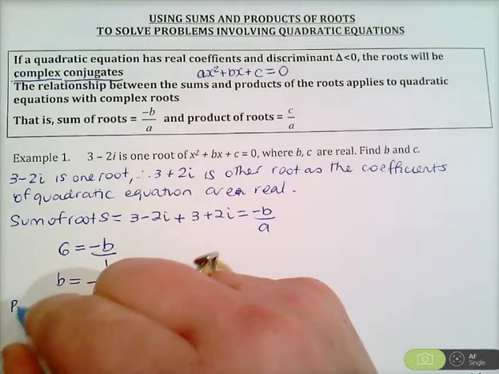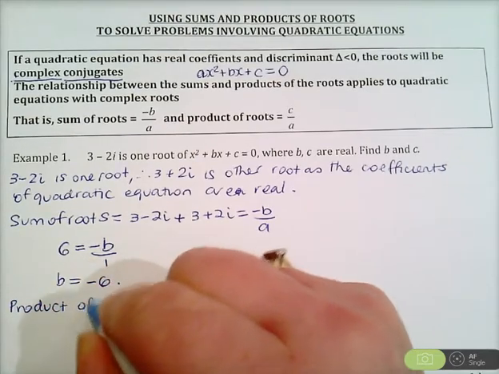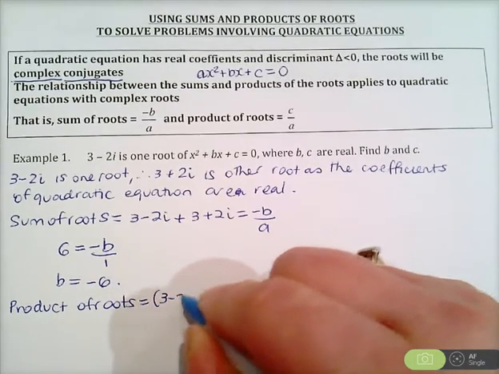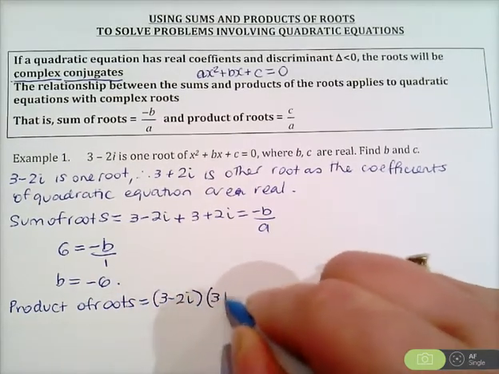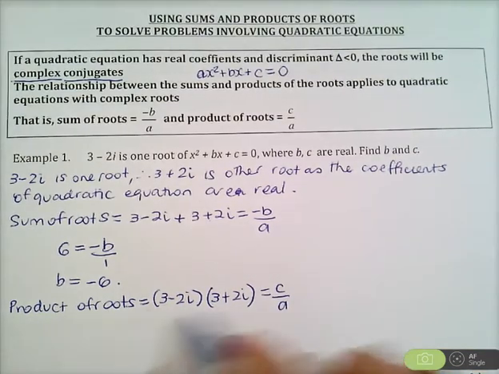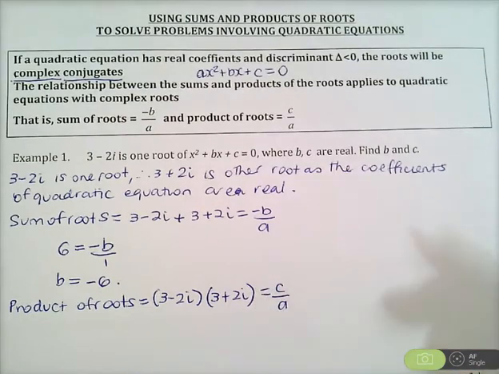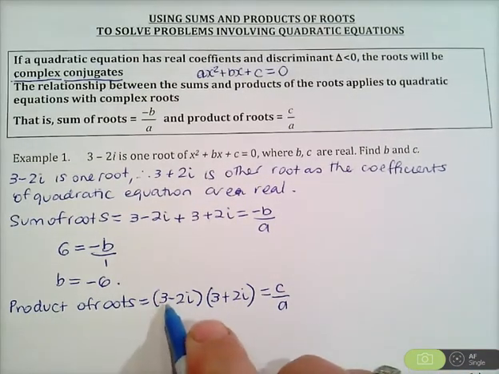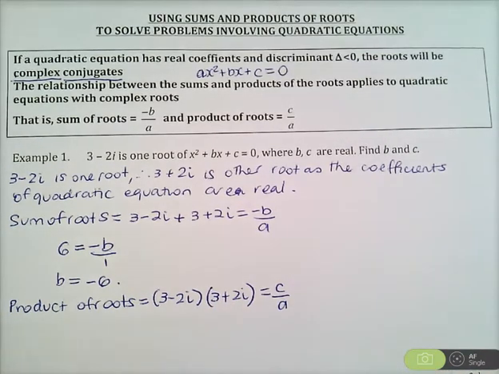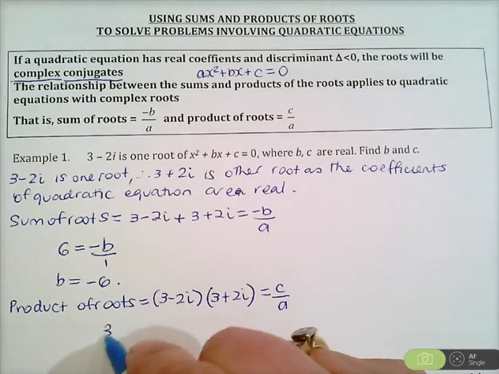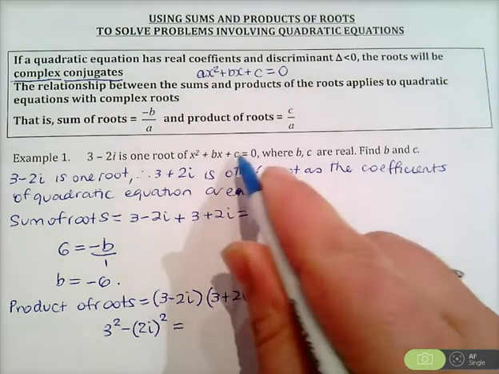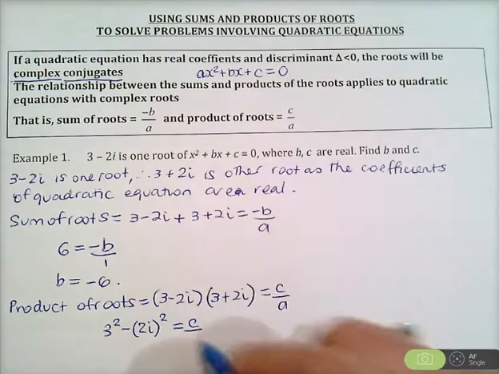So now we look at product of roots. We know that product of roots is c on a. Now our two roots are 3 minus 2i times 3 plus 2i, and the product of those roots is c on a. Just expanding that and substituting for c and a. This is in the form a minus b, a plus b, so it's just going to be difference of 2 squares. So we've got 3 squared minus 2i squared equals c on 1.